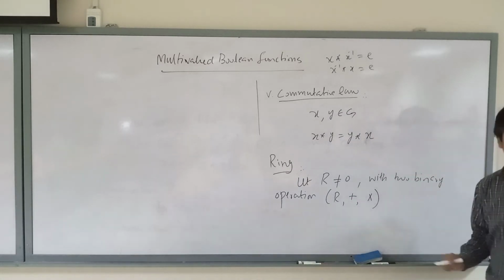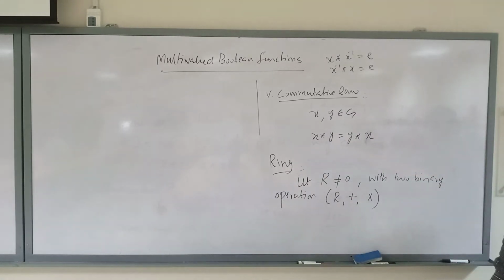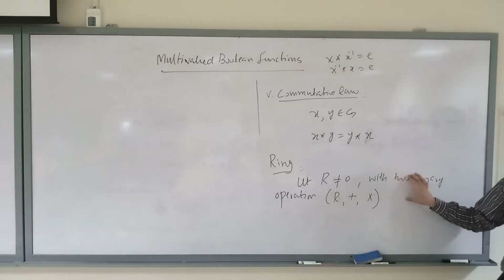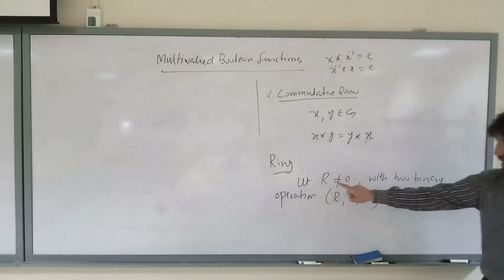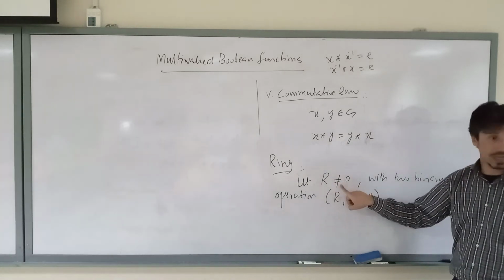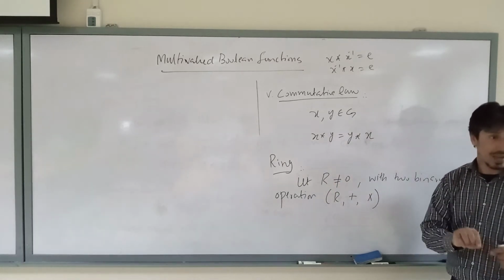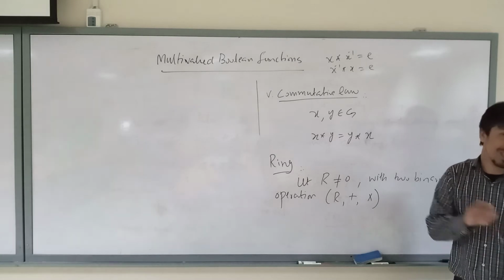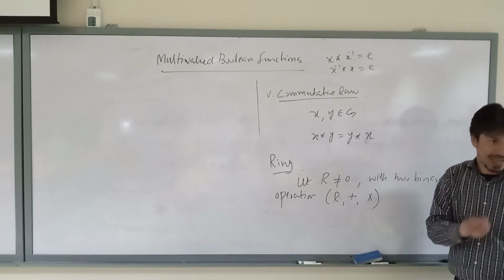Then R is a group under addition and a semi-group under multiplication, and the two distributive laws, left and right, hold. I represent this R as non-empty, meaning it has some element.